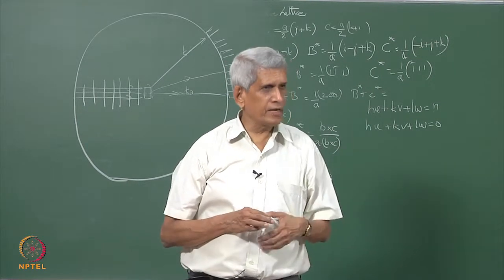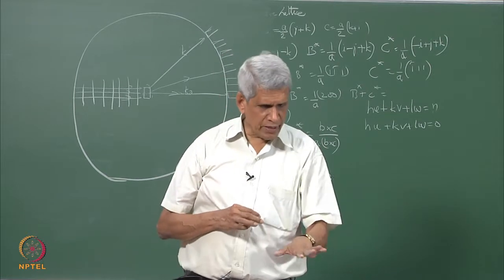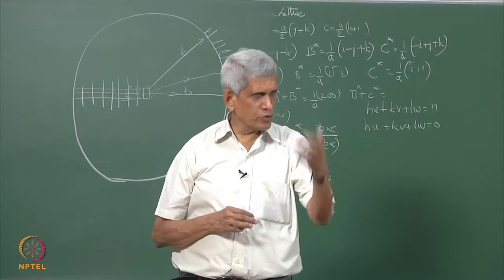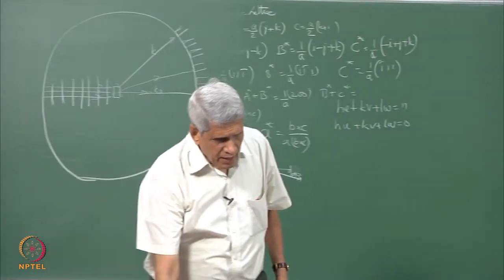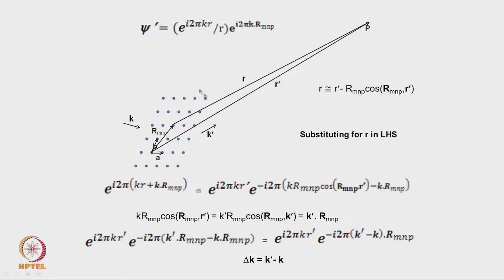I will come to that later, but for now you can take it that all the amplitudes add together. That is essentially what is being done. This is the amplitude of the wave, psi dash, at this particular point. From this particular point, it will be with respect to r dash. From here this is the amplitude.